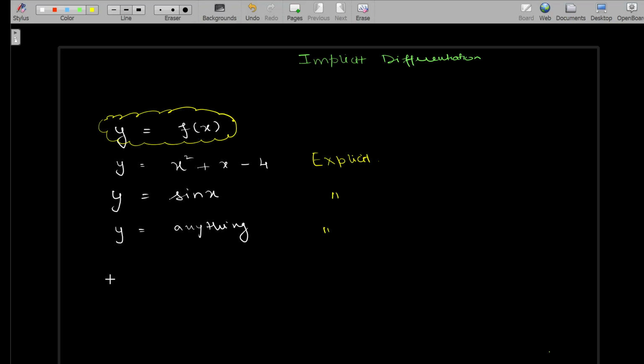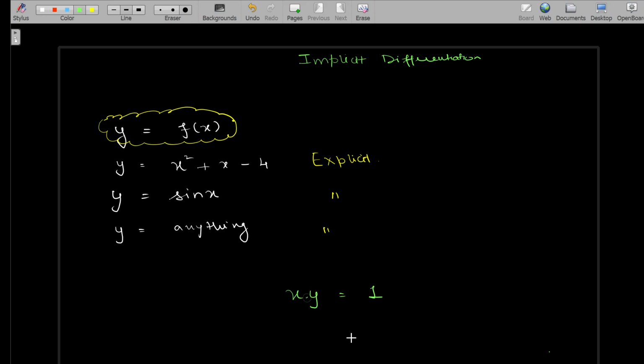Now implicit functions are those in which y will not be explicitly defined, but there will be something multiplied with y. For example, if I give you something like this, xy is equal to 1.